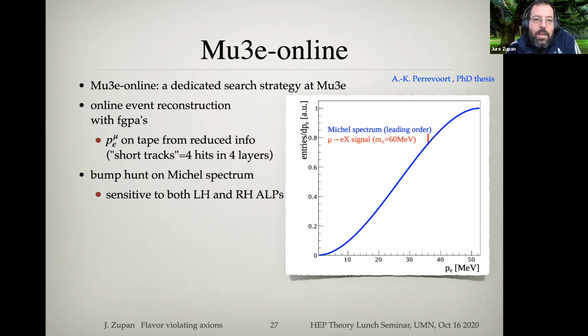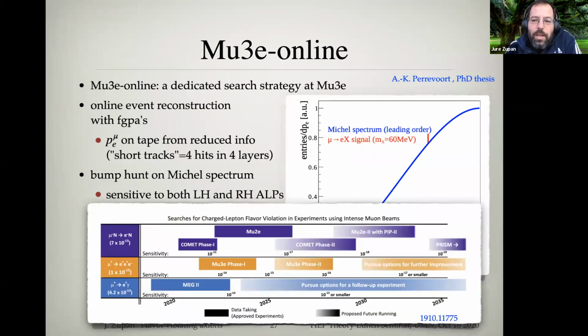There are some details there. There's so much data, they can't really use all the tracks, actually. It's some short tracks that they need to use. But the reach is quite good. You see, it was comparable to this, or slightly better than MEG II forward.